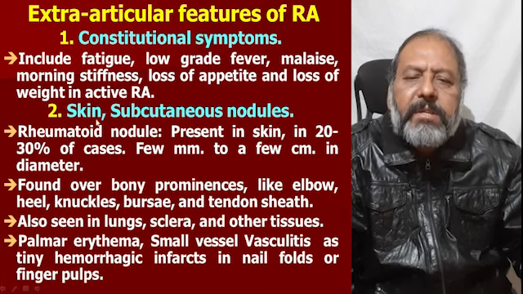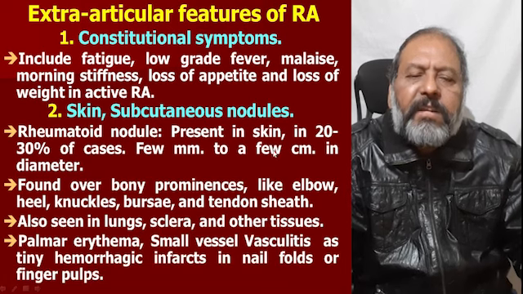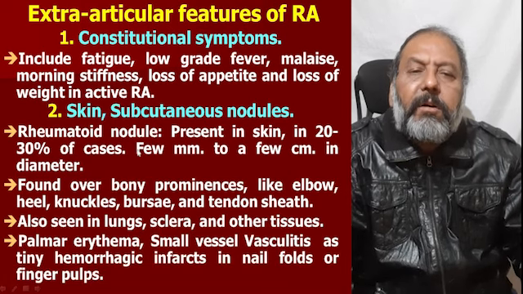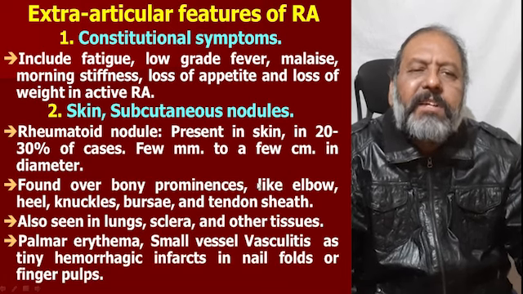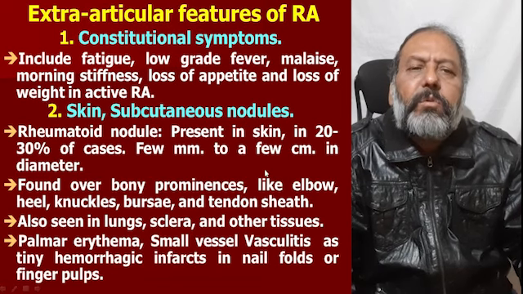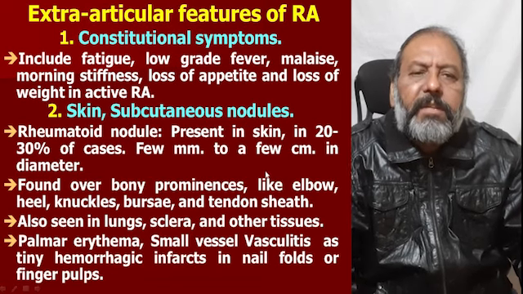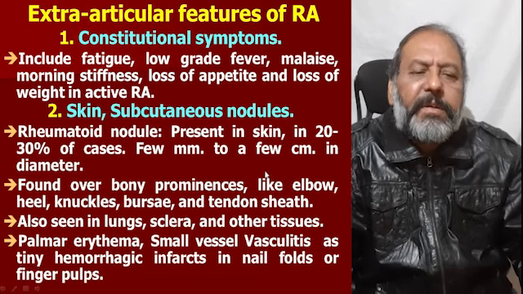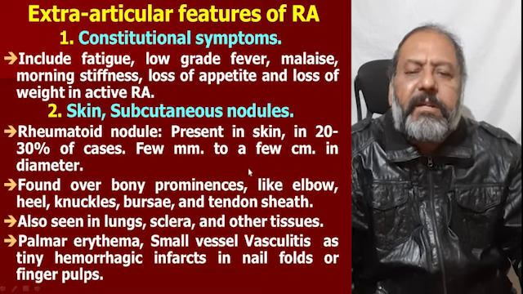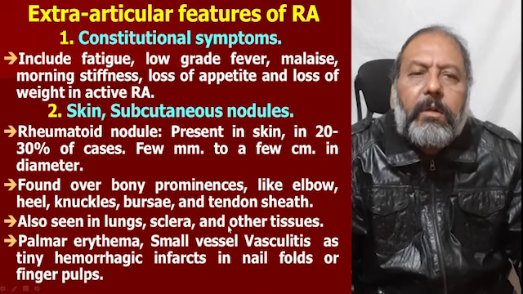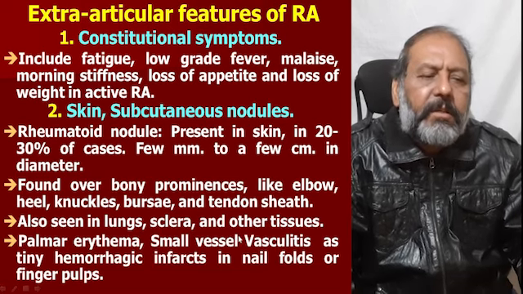Number two is the skin, which presents with subcutaneous nodules. Rheumatoid nodules are present in the skin in 20 to 30% of cases. These are from a few millimeters to a few centimeters in diameter, found over bony prominences like the elbow, heel, knuckles, bursae, and tendon sheaths.